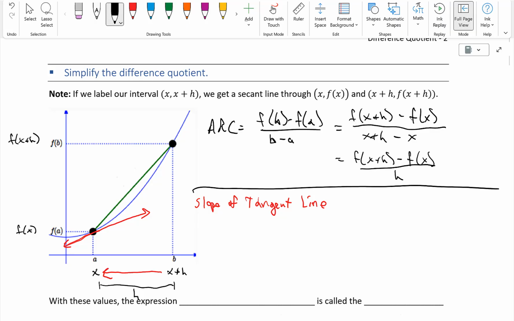And so all we have to add to this, what makes it an IRC, or an instantaneous rate of change, is that limit.